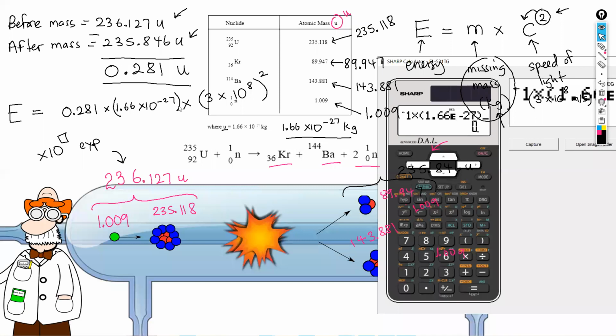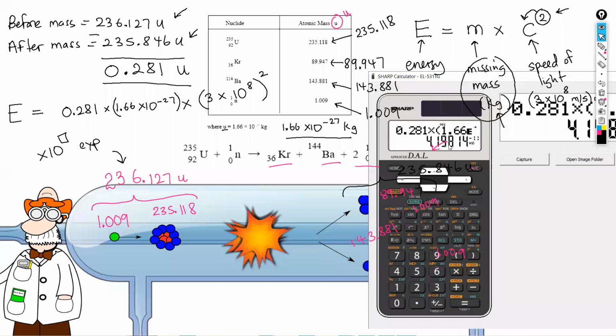So I'm up to here now. Then I'm going to press multiply, open brackets, 3, multiply by 10 to the power 8. But that's my EXP button. I press 8, close the brackets, and then I do what? Squared. I have a squared button over here. Then I press equal.